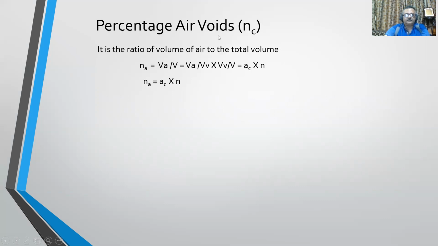Then the percentage of air voids is denoted by na. So this is the formula, and for calculating the percentage of air voids, we have to multiply and divide this formula by volume of voids. So this is the end result of percentage of air voids.